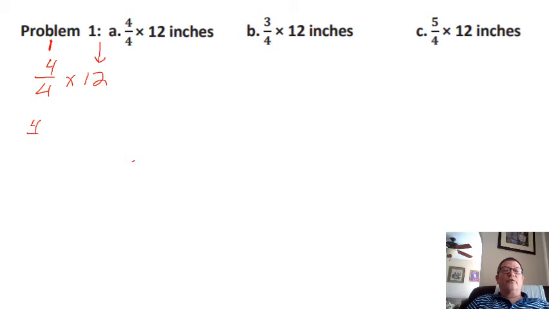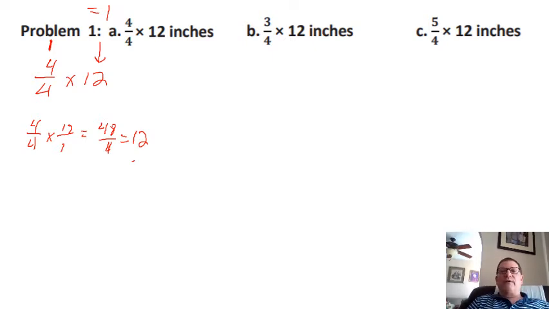Here's 4/4 times 12 over 1, which gives me 48/4. And 4 goes into 48 12 times. Okay, so it works. So if we have a factor that is equal to 1, then our product will be equal to the other factor.